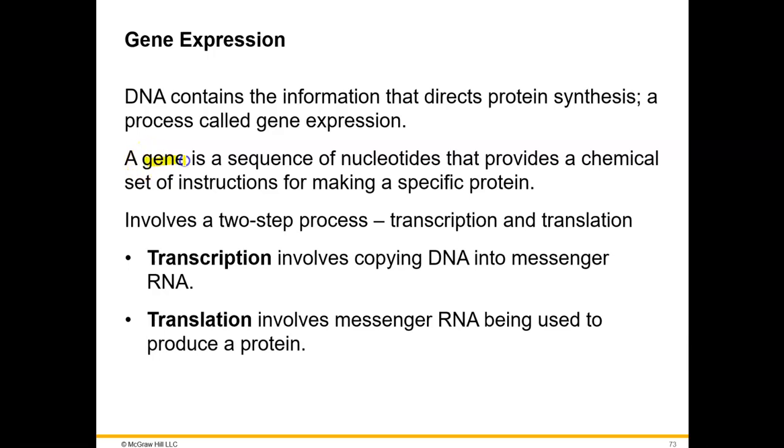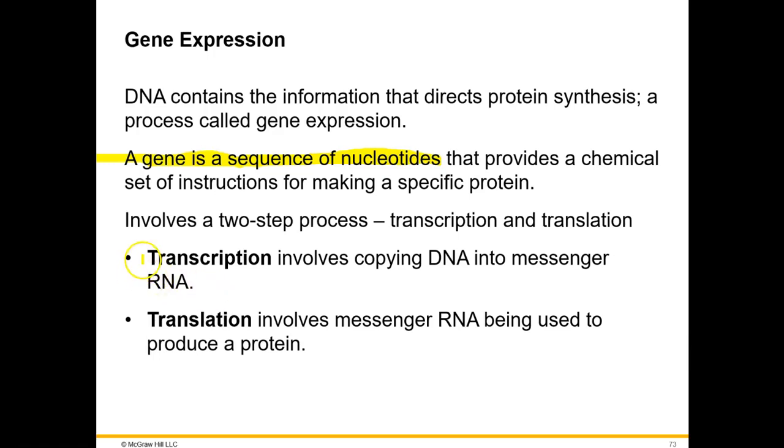It's a sequence of nucleotides, because remember, DNA is composed of billions of nucleotides. So a gene is a sequence of nucleotides, and those nucleotides provide instructions for making a protein. That process is called gene expression. When a gene codes for a protein and makes a protein, it's called gene expression.